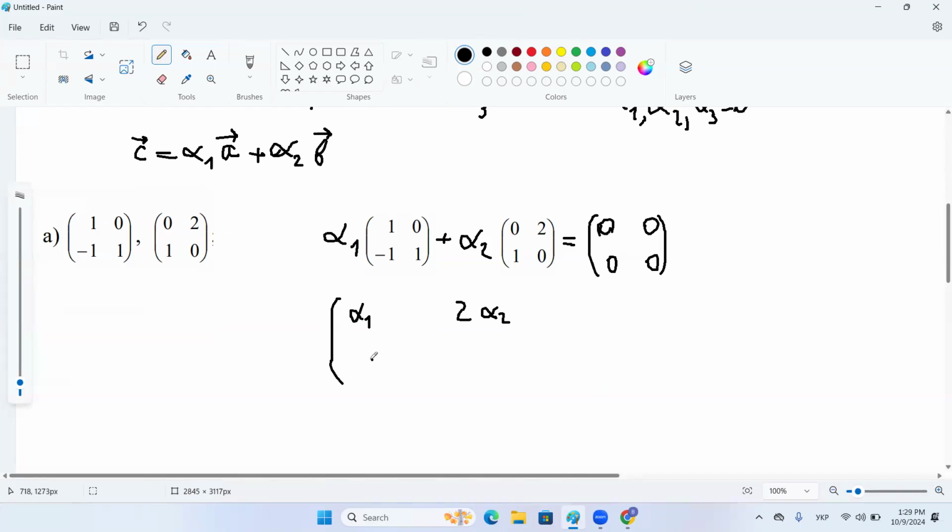So we added the first row, and let's add the second row: minus alpha 1 plus alpha 2. So just remembering matrix addition, alpha 2 and alpha 1, and it must be equal to the zero matrix.